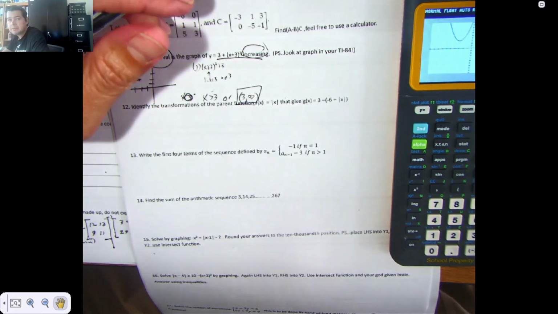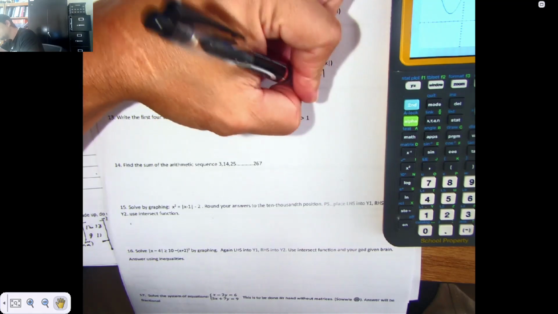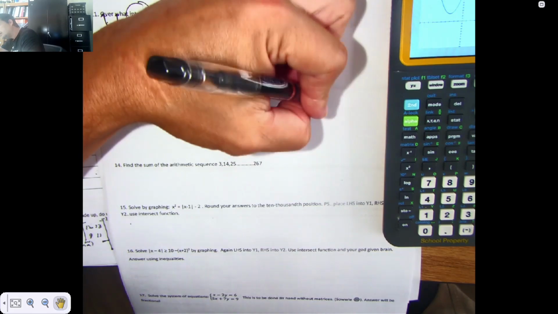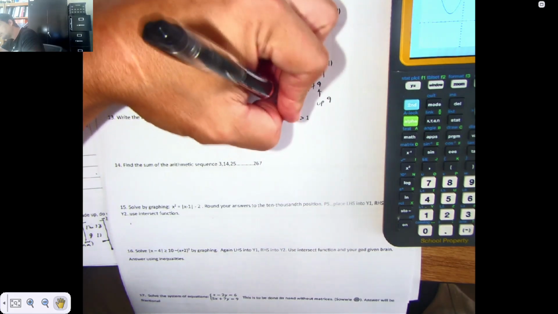All right, identify the transformations of the parent function f of x is the absolute value of x that gives g of x is 3 take away negative 6 plus the absolute value of x. What I would do is I distribute that negative. That gives me 3 plus 6 plus the absolute value of x. Oh, sorry, minus, because negative times positive is negative. And then I'd write it in a form you're supposed to be somewhat comfortable with, which is that form right there. That's what she looks like after you do just a little bit of math. And what we have is an up 9, and we have an x-axis reflection.